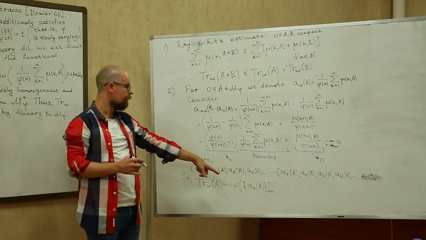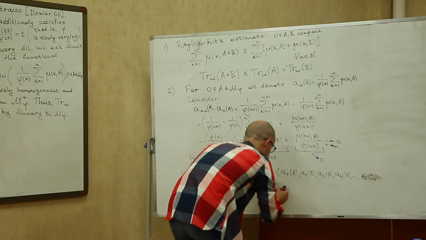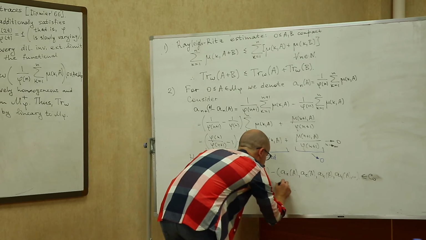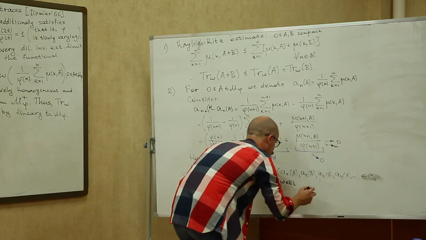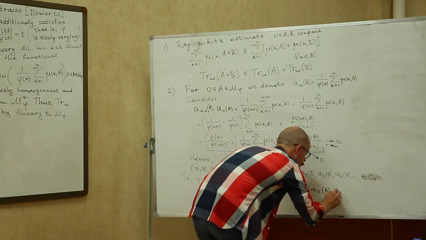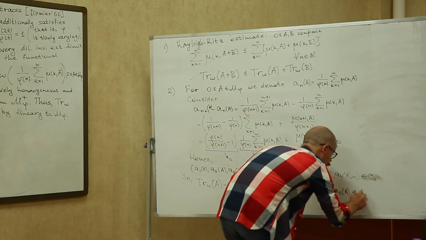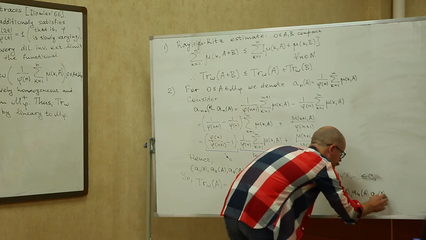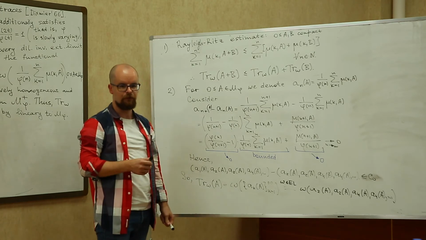But since omega is an extended limit, we can write it as omega of A2 of A, A2 of A, A4 of A, A4 of A, and so on. So every element is repeated twice.